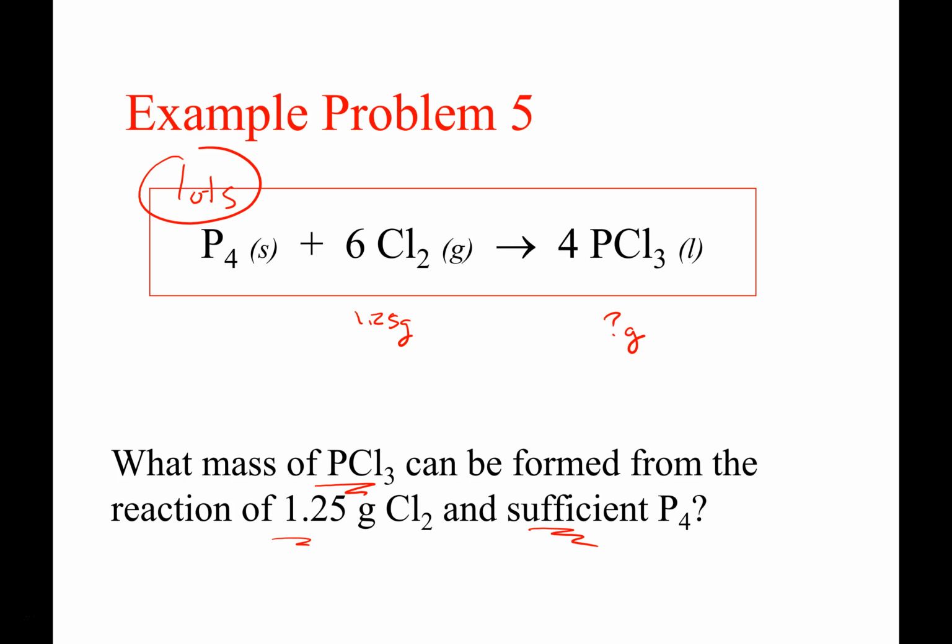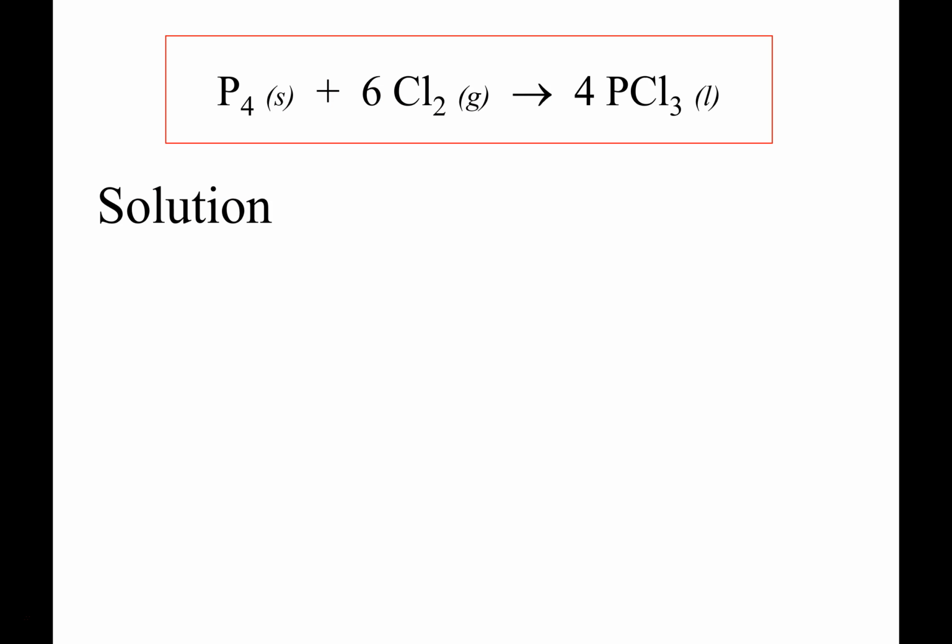A few slides ago, we knocked out the molar mass of Cl2 and PCl3, and we'll be using those. So what's the first term going to be? Yep, 1.25 grams of Cl2 over 1. It's going to feel like deja vu, because it is. When we went from grams of Cl2 to grams of P4, we had to use the molar mass next. So here we go.